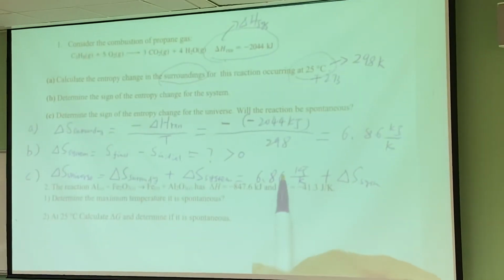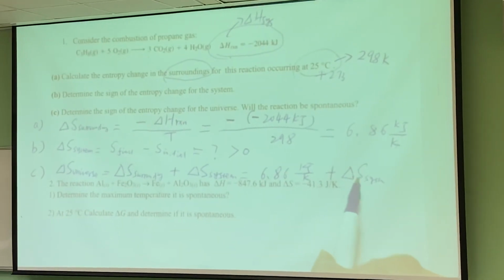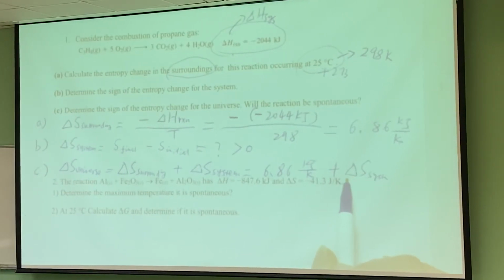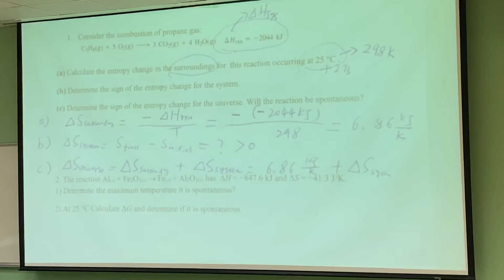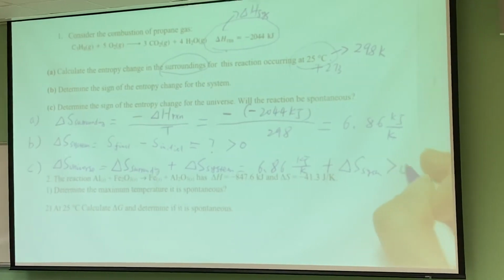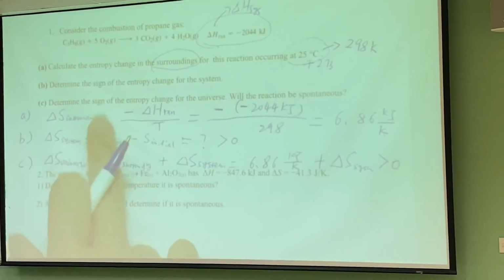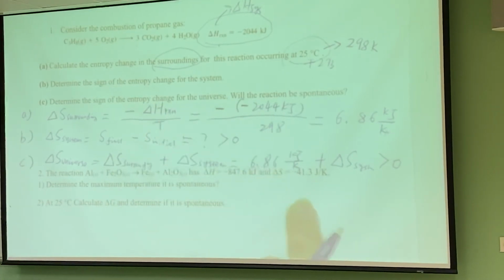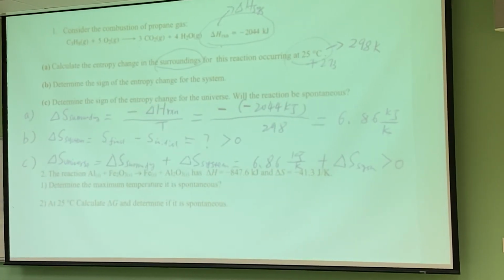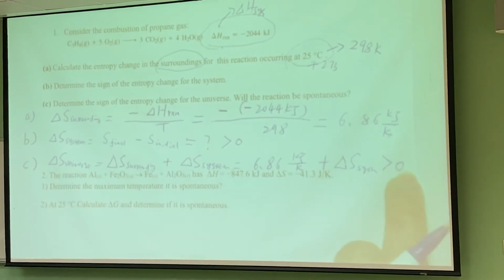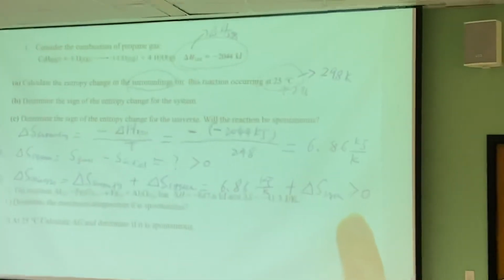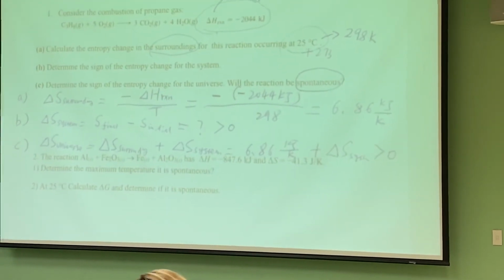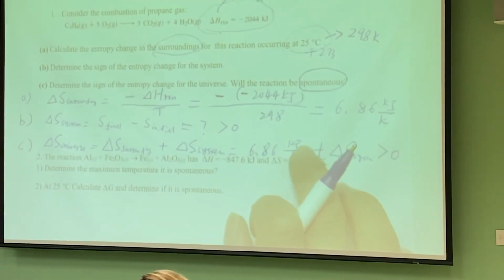So a positive number added to another positive number, so you will get a positive number or negative number? Of course positive. I don't know the exact number, and the question didn't ask you the exact number. It only asks you positive or negative. So it is positive. So the delta S universe is positive, spontaneous or non-spontaneous? Spontaneous. That is the second law of thermodynamics, right?